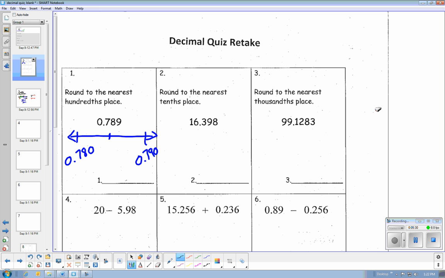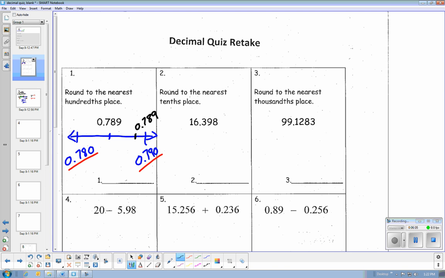This is 789 thousandths. So we're going to look at what's in the middle on this number line. That's falling somewhere between 780 thousandths and 790 thousandths. So 789 thousandths is probably falling somewhere very close to this.